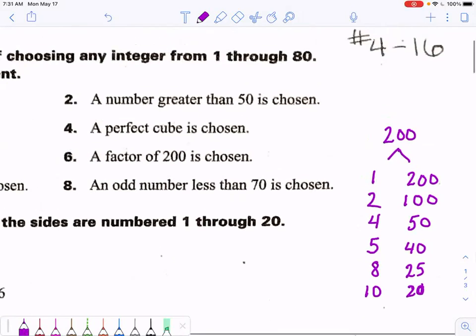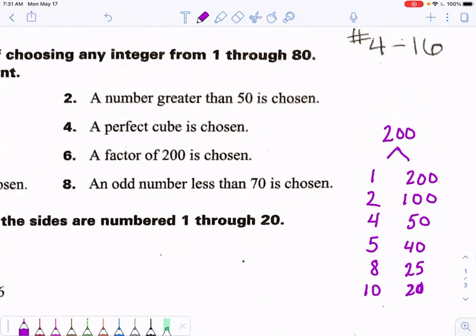Now remember, we only want the numbers 1 through 80. So after you have your list of factors, I'm going to go through and cross off the ones that aren't from 1 through 80. 200 is a factor, but it's not in my group of numbers from 1 through 80. 100 is a factor, but again, it's not in my list from 1 through 80.